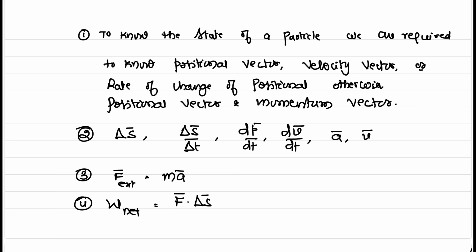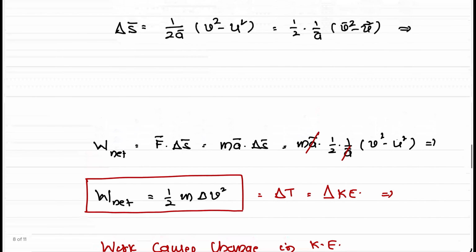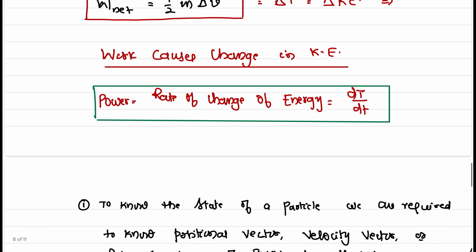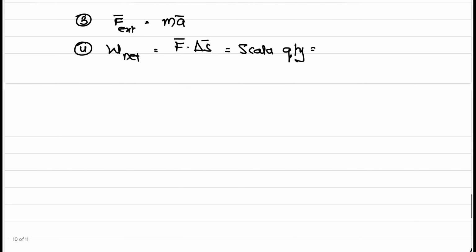F dot delta S is a scalar quantity, that is work done on the particle.